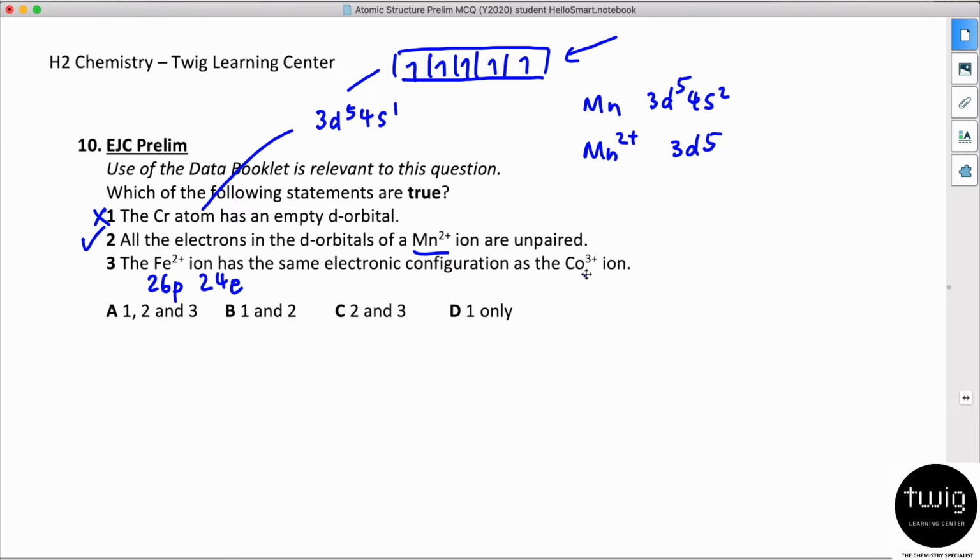For cobalt, cobalt has 27 protons. So it's 3+, which means it has 24 electrons. So both of them have the same number of electrons. They should also have the same electronic configuration. So the answer for this is 2 and 3. Okay, so that's question 10. Let's look at the next question.